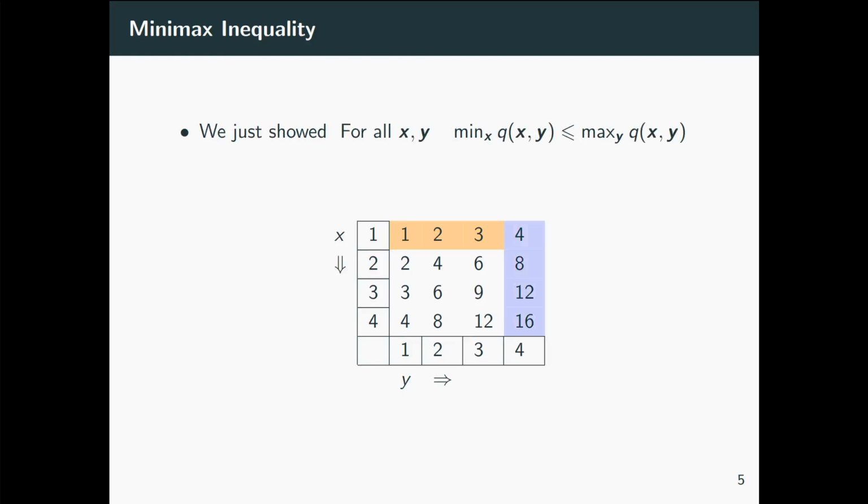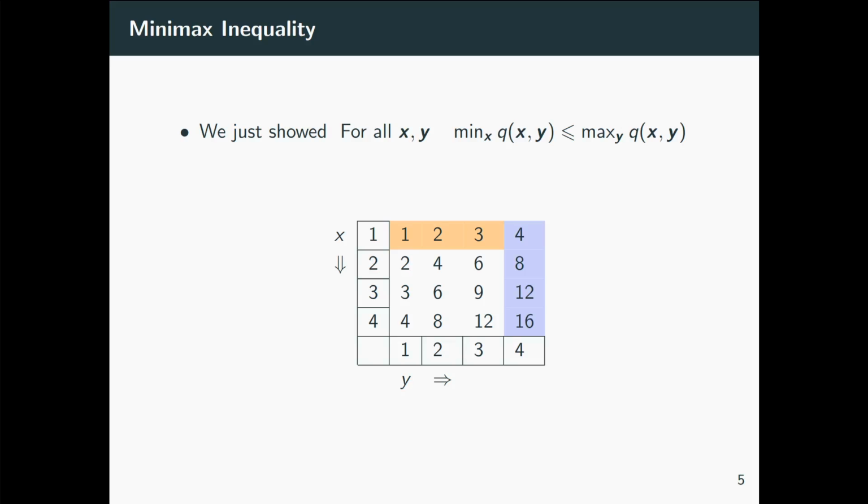So if you just look at what we have done, we have indeed shown that for all x and y pairs, if you minimize this function qxy of two variables over one of the variables, that would be lesser than or equal to if you maximize the function over the other variable, right?